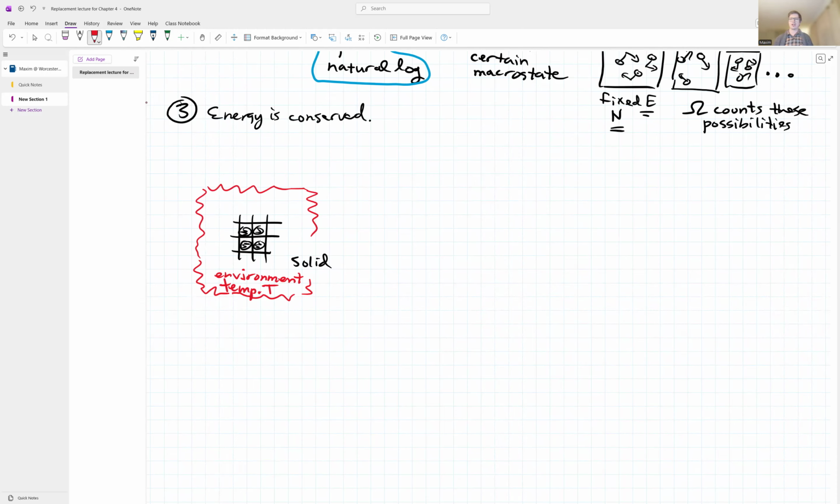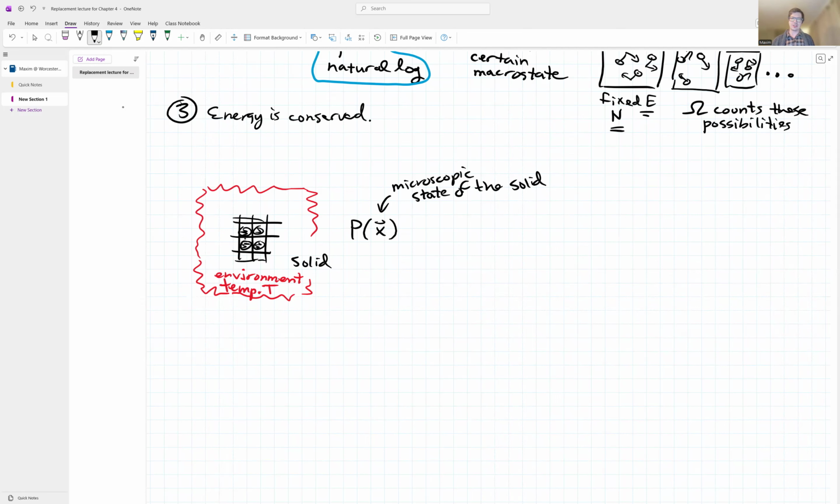What we are going to be interested in calculating is the probability that you find your solid in a certain microscopic state, and we're going to call that X vector. This is a microscopic state of the solid, meaning this small piece of the solid here. So it could be the probability of finding 4 occupied lattice sites versus 3 occupied lattice sites, some kind of microscopic configuration.